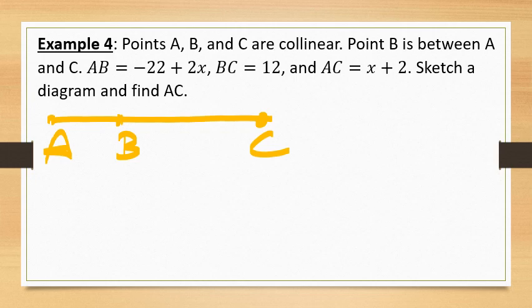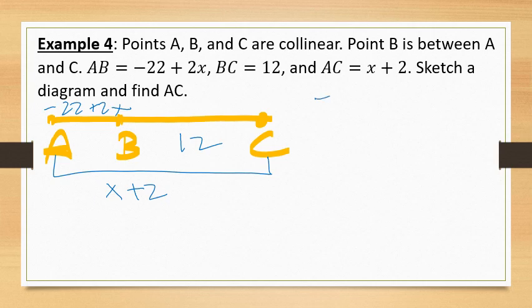All right, so if I continue to work this, I know that AB is negative 22 plus 2x. I know that BC is 12, and they tell me the length of the entire segment is x plus 2. So, using the segment addition postulate, negative 22 plus 2x plus 12 gives me negative 10 plus 2x.